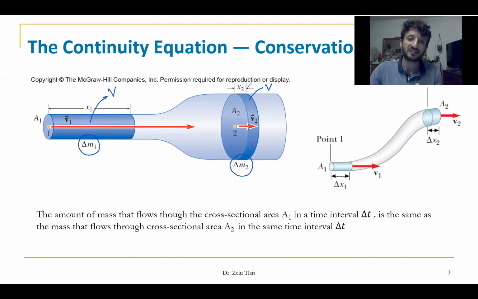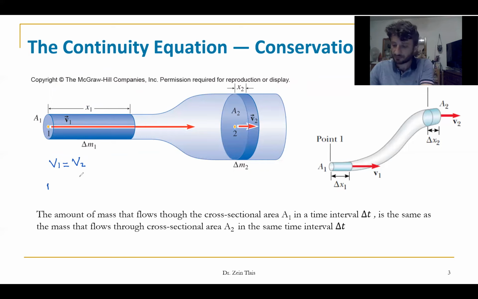Okay, we can say at the same time delta T, V1 equals V2, and we can say V1 per unit time T. We have to take the same unit time, and V2 per unit time T will be the same. And delta M1 per unit time delta T is equal to delta M2 per unit time delta T.